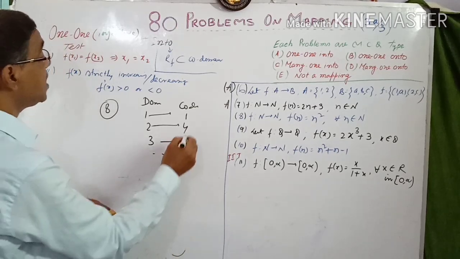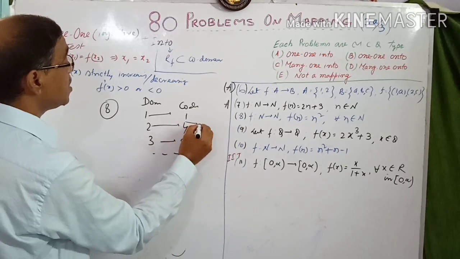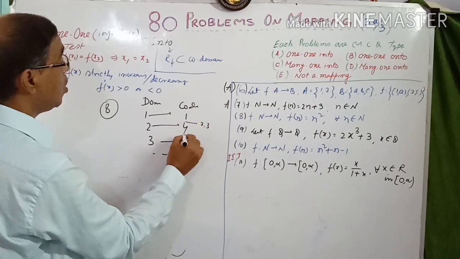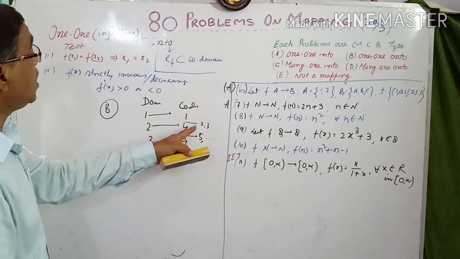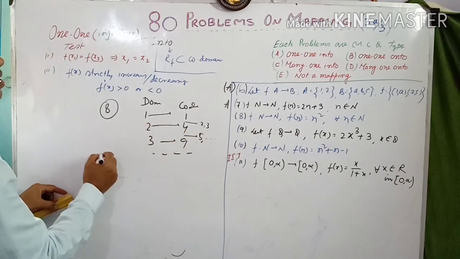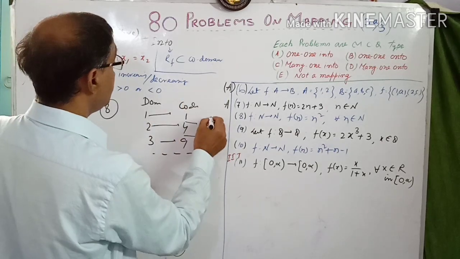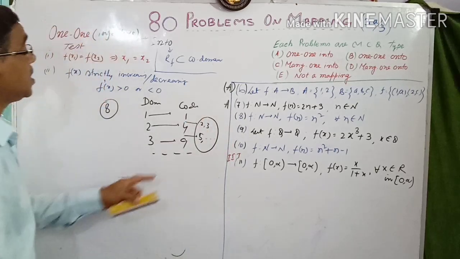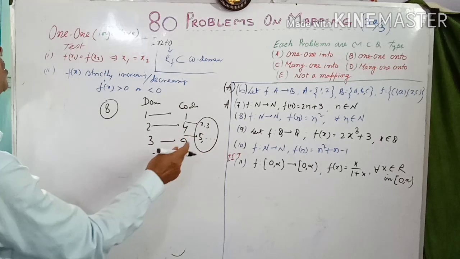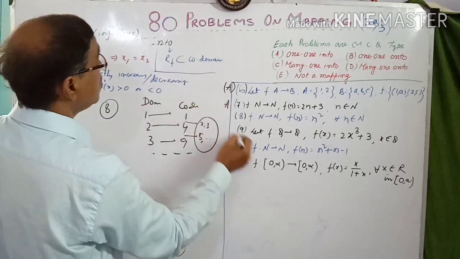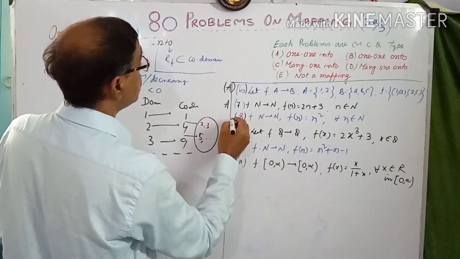But here the elements of this, 2, 3 or 5 and so on, all the elements have no pre-images. So the elements of the codomain set N, these 2, 3, 5 have no pre-images, therefore it is also into.